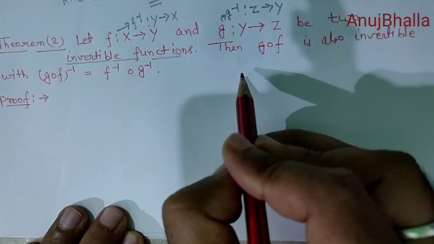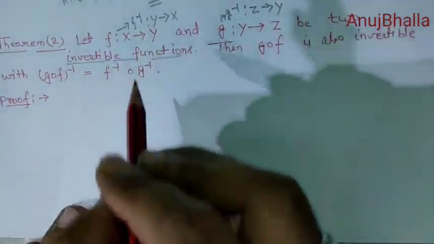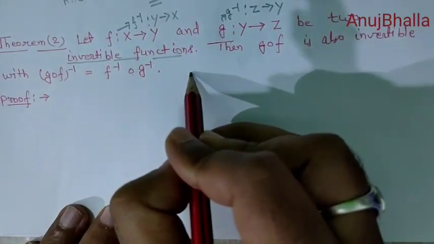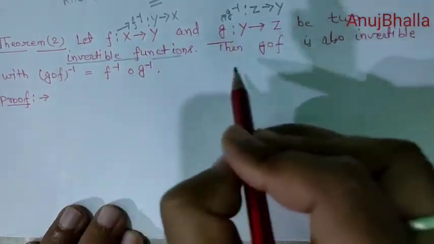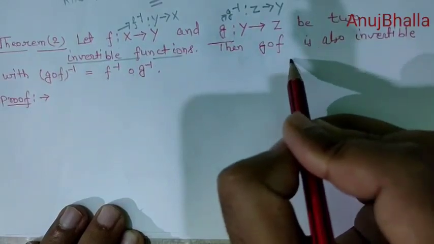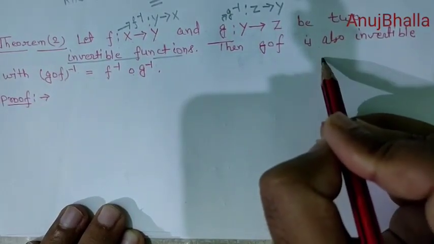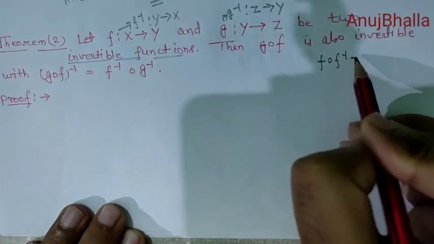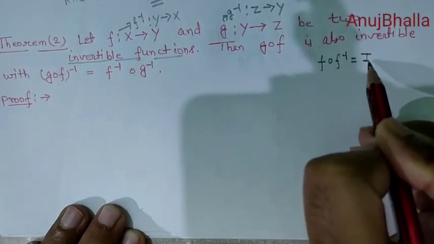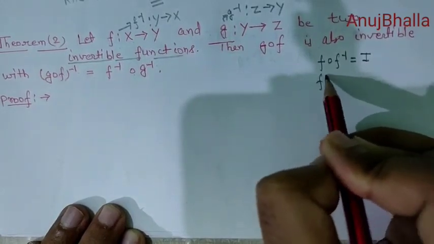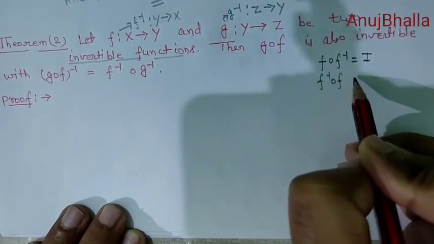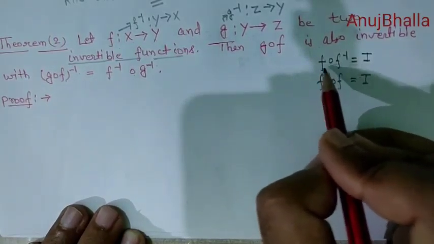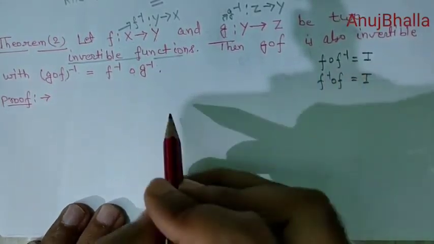Now, to prove that two functions are invertible, it is enough to say that for any function f, if f o f inverse gives the identity function I, or f inverse o f is also I, then we will say that both the functions are inverses of each other.